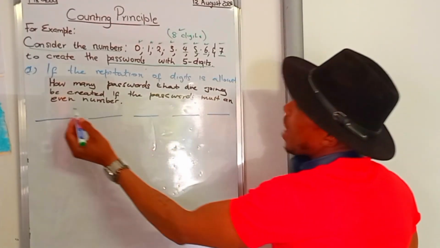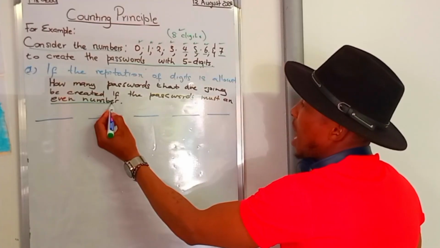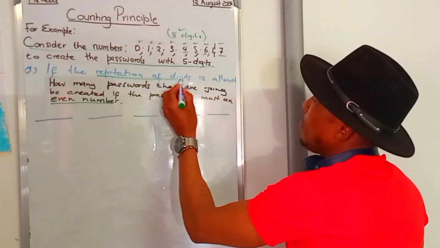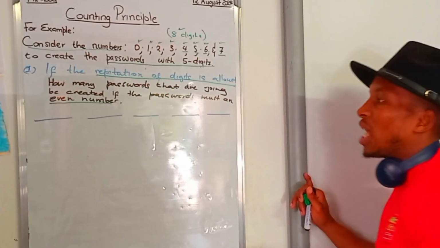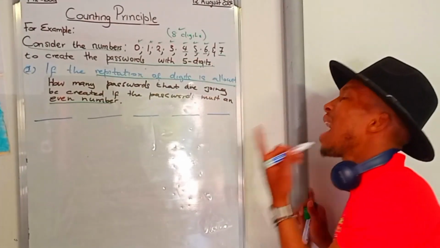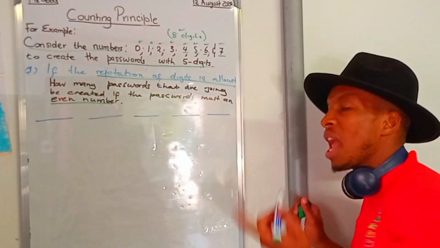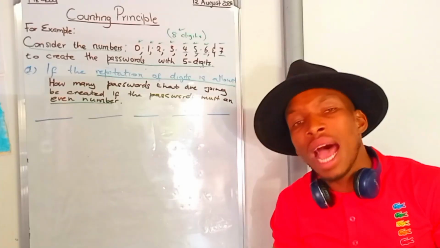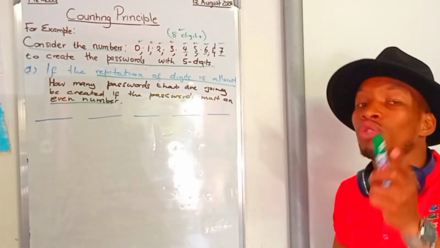We're going to have a password that is an even number, and the digit may be repeated. The repetition of digits is allowed. It is very important to note that an even number must end with what?